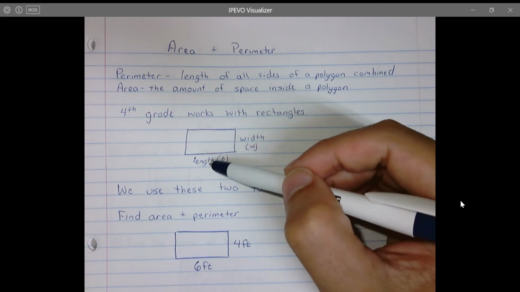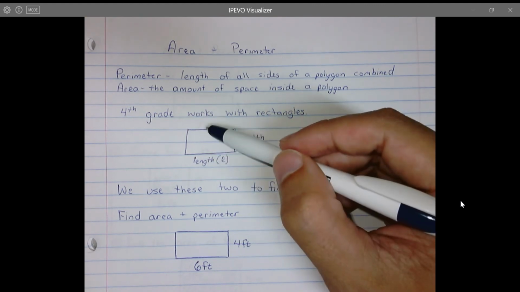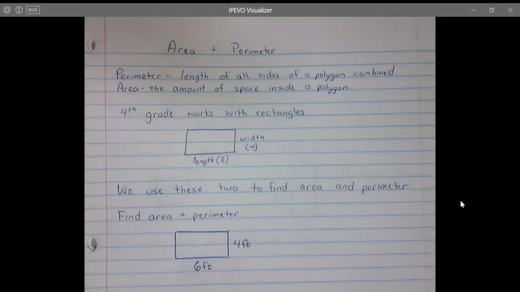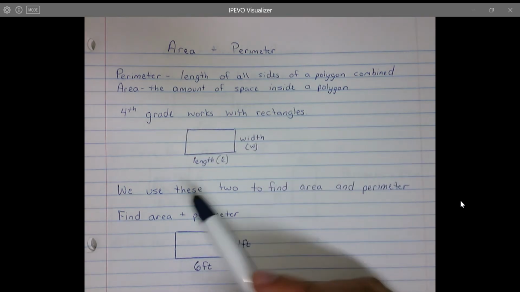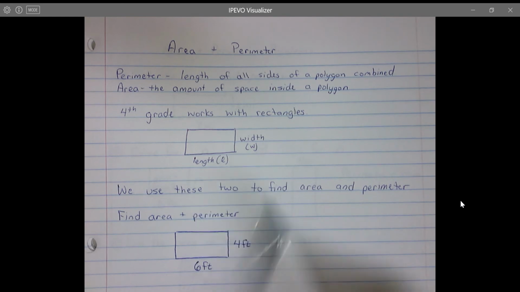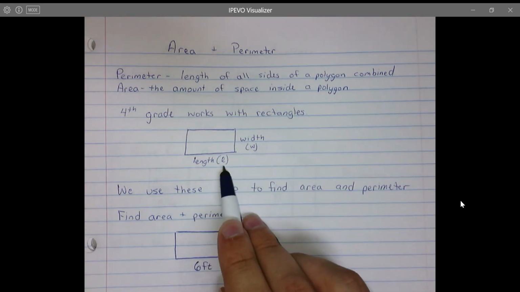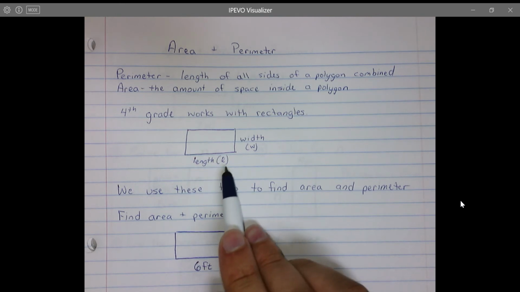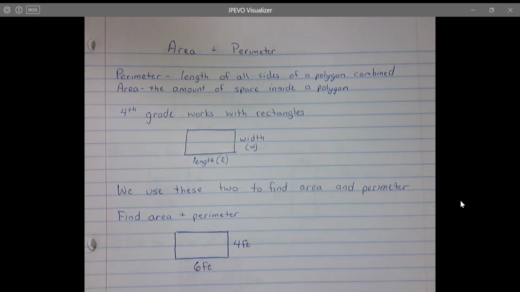So if this length was 2, this length would be 2. If this width was 1, that would be 1. Opposite sides are equal. And we use these, the length and width, to find area and perimeter. And a lot of times we'll see length as an L. A lot of times when you handwrite it, it could be a cursive L, so you don't confuse it with a 1. And then width would be a W.